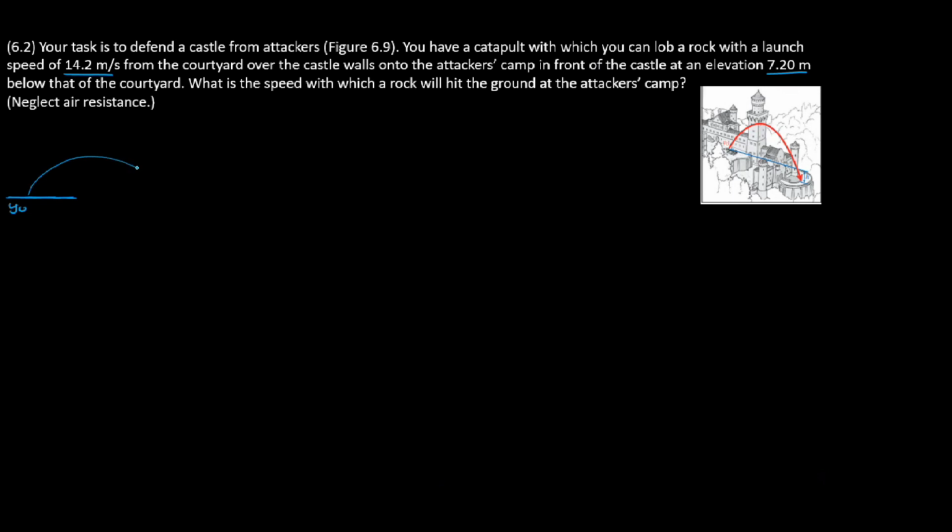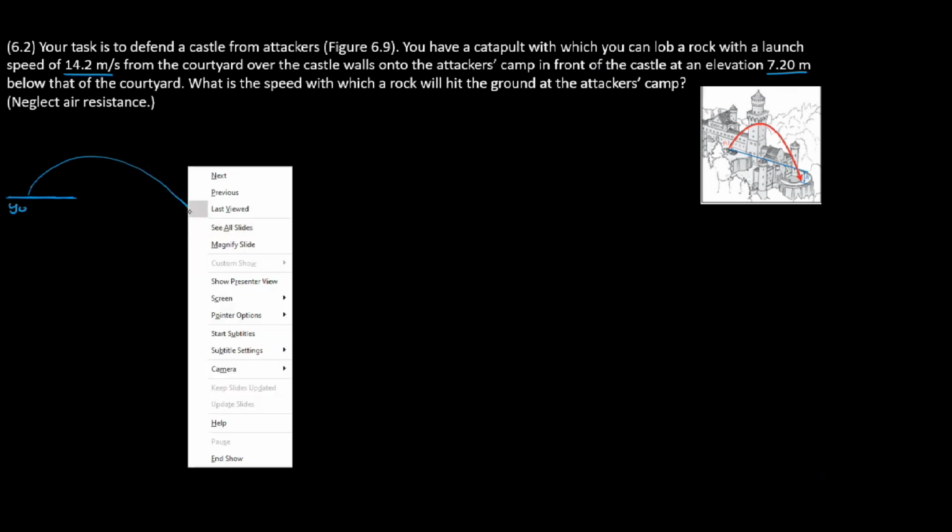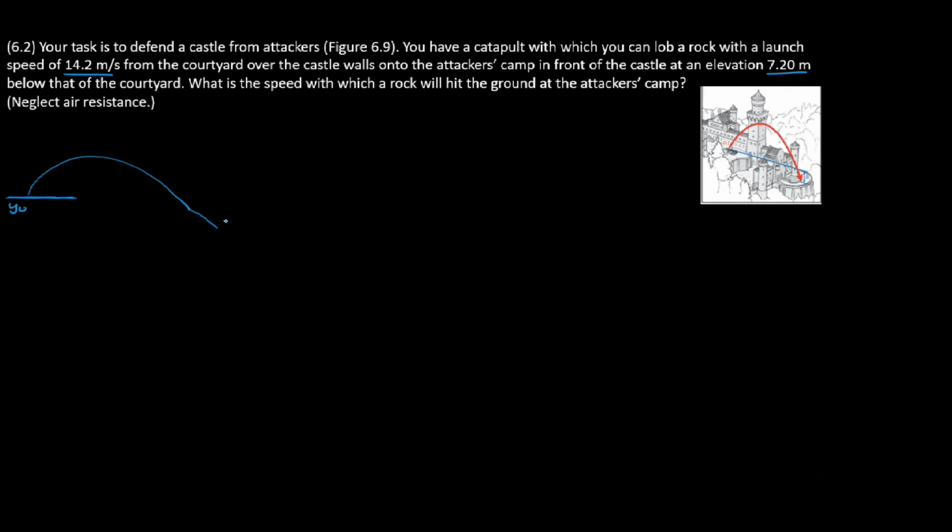It follows a projectile path and hits the attacker camp somewhere around here. We call this height, let's say, y. And the distance between y and y0 is 7.2 meters. That's the height difference.